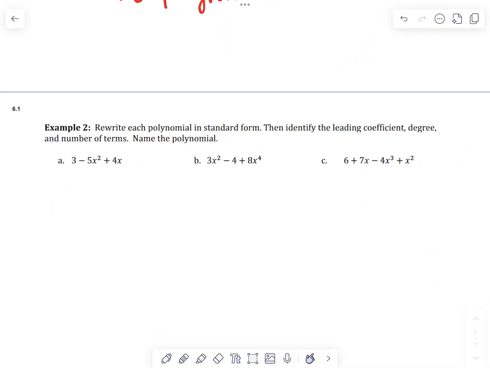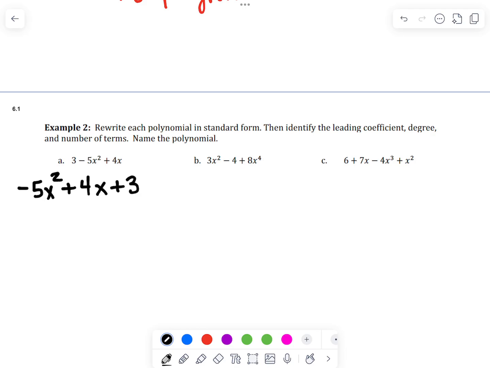Example 2. Rewrite each polynomial in standard form, then identify the leading coefficient, the degree, the number of terms, and then name the polynomial. So example A, we want to put that in standard form. So we're going to put the negative 5x squared first, then the 4x, then the 3. So we have the highest term, the x squared, then the x, then the constant.